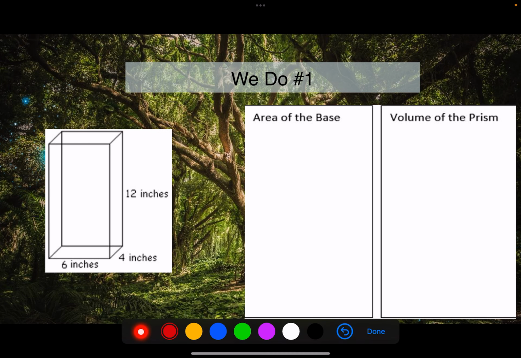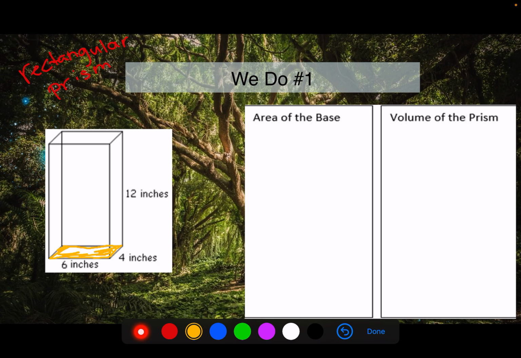All right, so this is a we do number 1. What shape is this? This shape is a rectangular prism. Since it's a rectangular prism, that means that our base is going to be a rectangle. So this here would be our base.